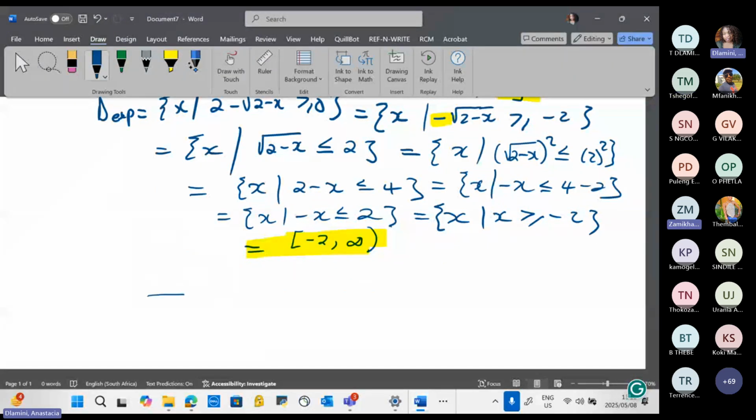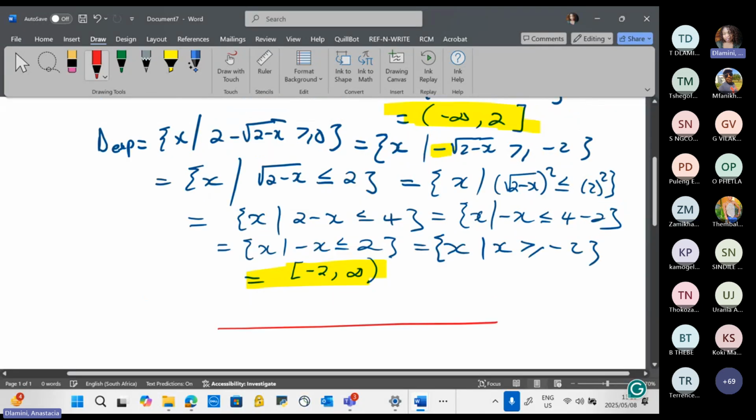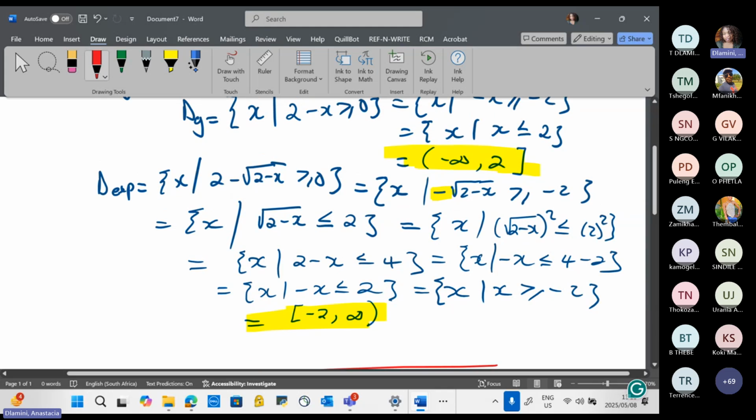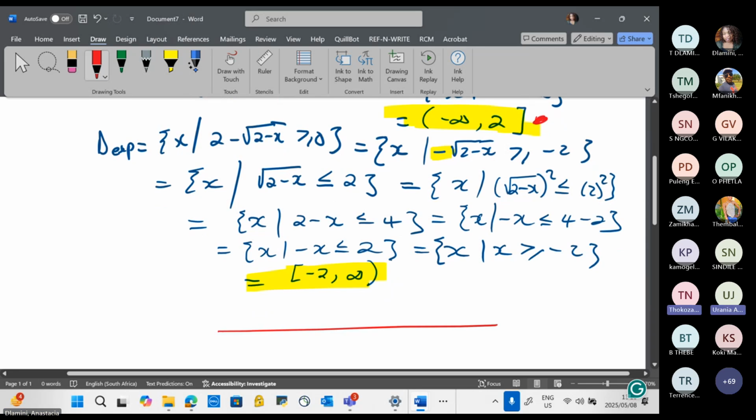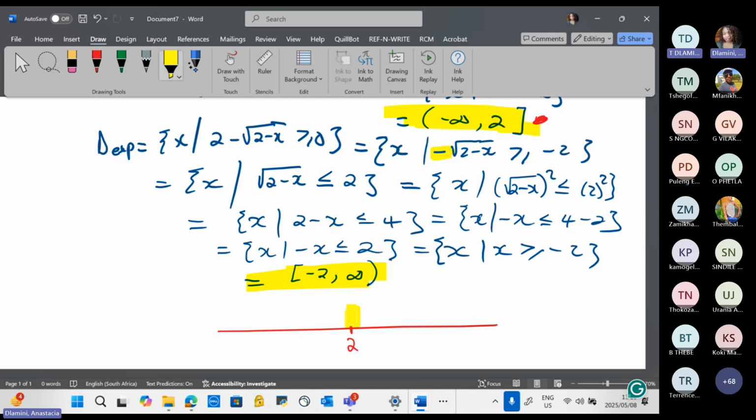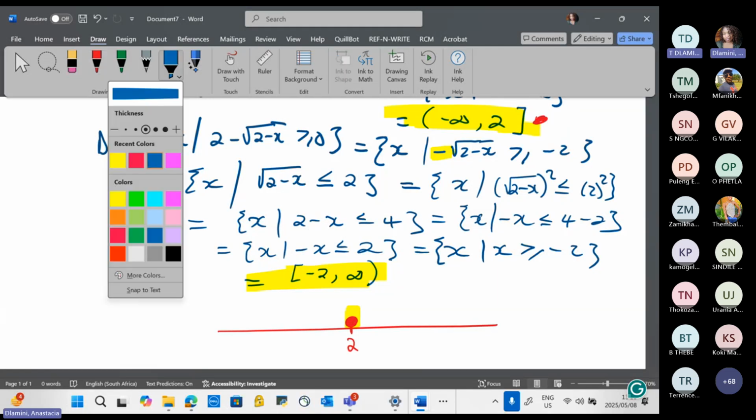So the number line. Okay, let's choose a different color. Let's start with the domain of the expression. Where do I draw? From negative infinity to 2. So I put 2 here, negative infinity to 2, and 2 is included, so it's solid. Let's choose blue.